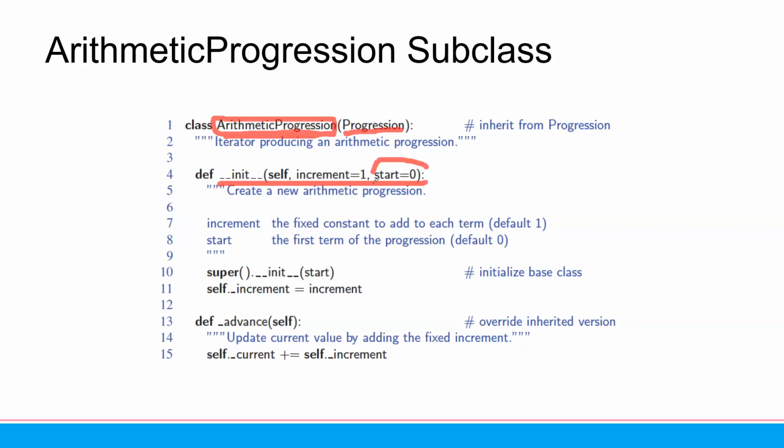We have the starting point as 0 by default, and the increment will start from 1 by default. With super, we can just call the progression class and give the parameter start. If there is no value for start, then it means 0. And then the increment will come from this parameter.